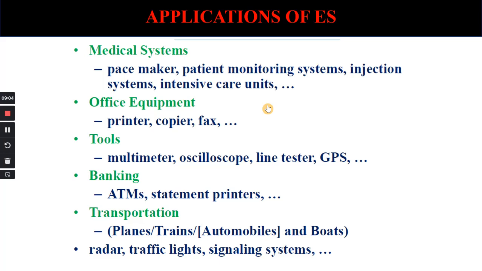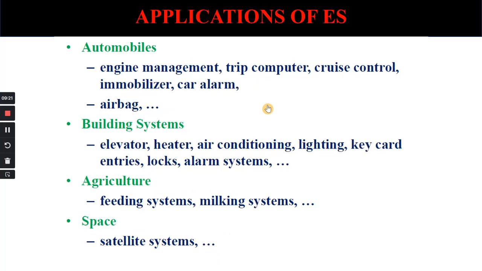Like tools, multimeters, oscilloscope. In banking also we have many devices like ATM, statement printers. Transportation: nowadays all the vehicles have automation, right? Automotive concepts all come under embedded systems. Like that, automobile, building systems, agriculture, space. All these domains work with embedded devices.